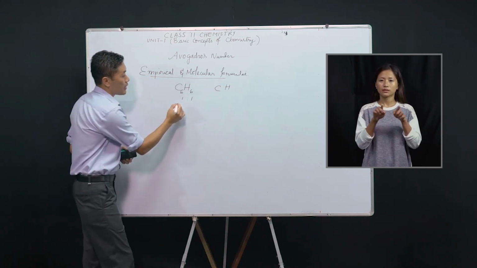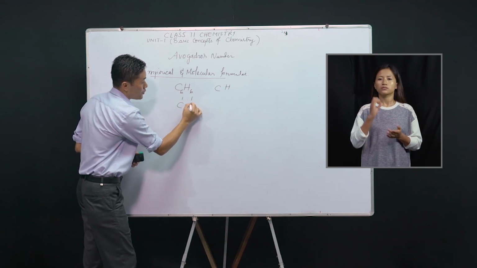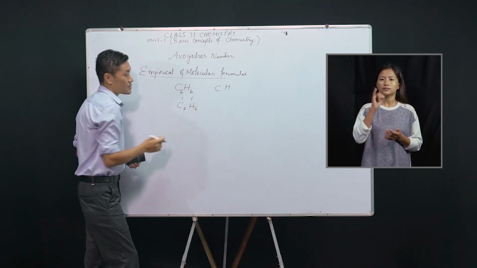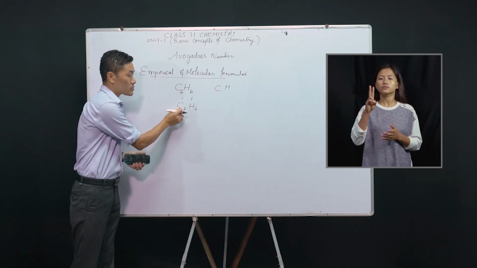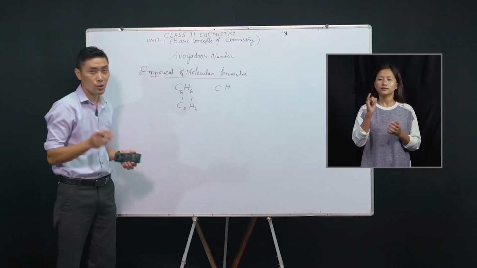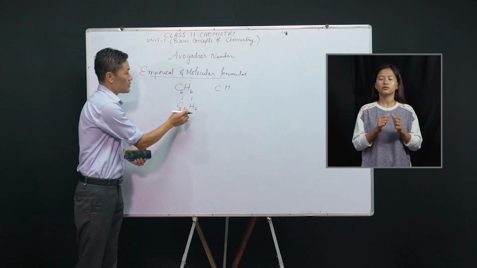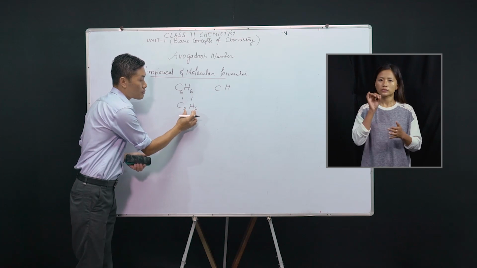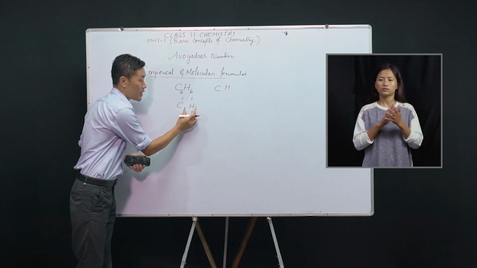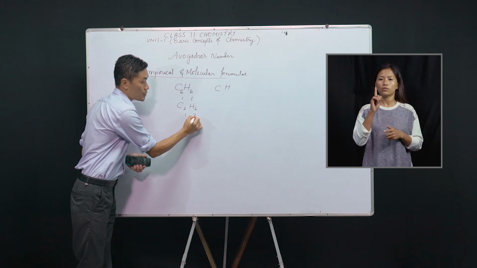Likewise, if we have another compound, C2H6, this is ethane. Ethane has 2 carbon atoms and 6 hydrogen atoms, so the molecular formula is C2H6. Now if we take the simplest whole number ratio for the number of carbon and hydrogen atoms, we get 1:3.